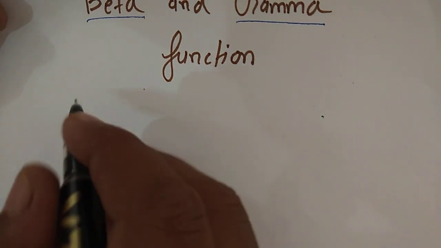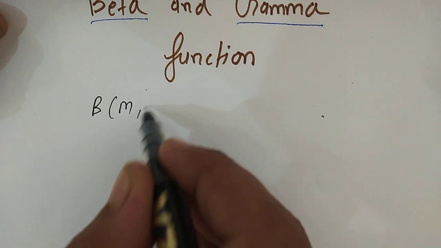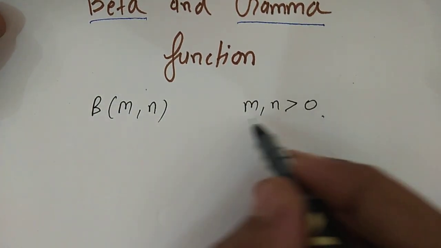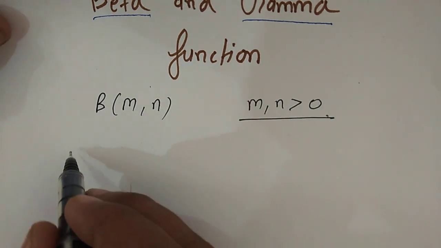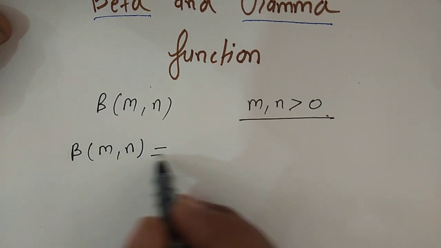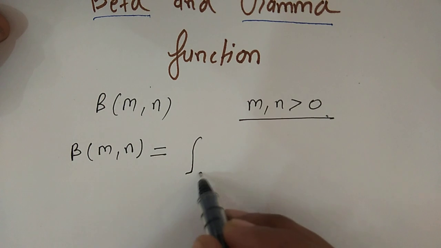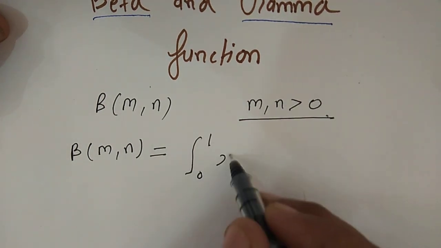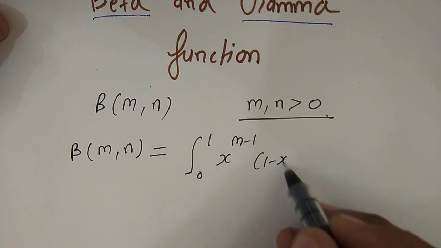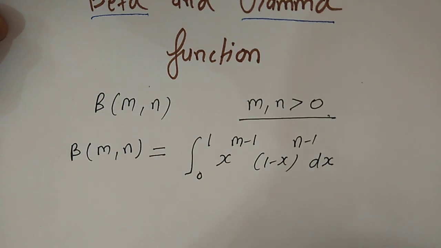The beta function is denoted by B(m, n), where m and n are positive. So this is a finite integral: B(m, n) equal to integral from 0 to 1 of x^(m-1) (1-x)^(n-1) dx.